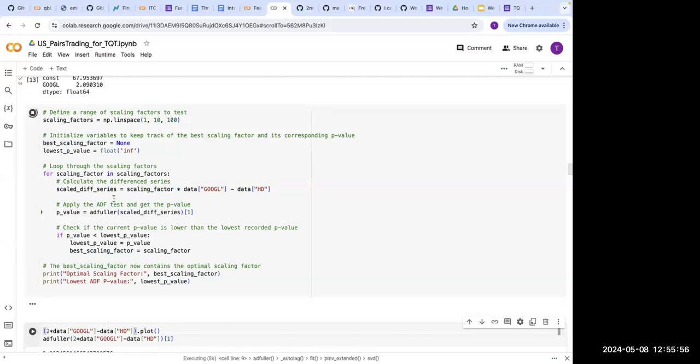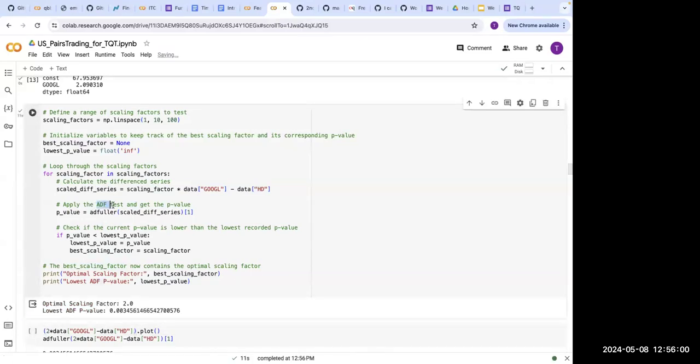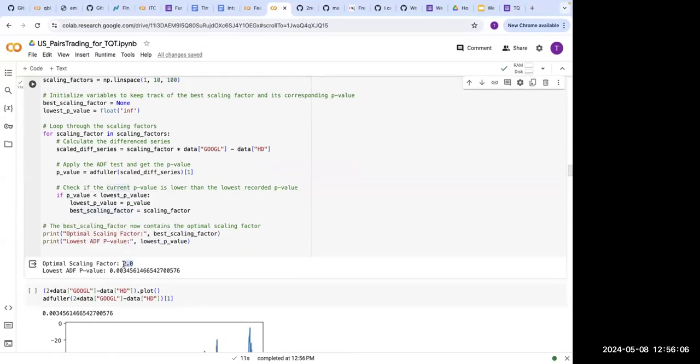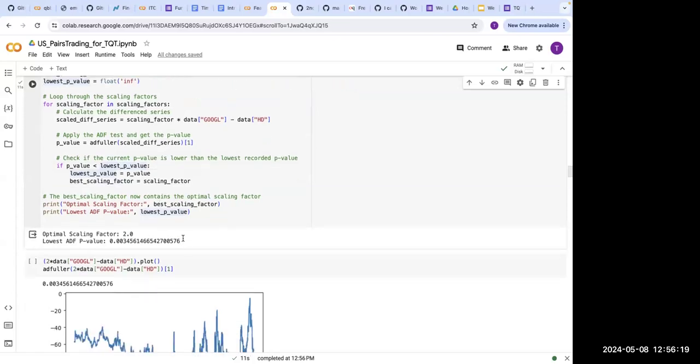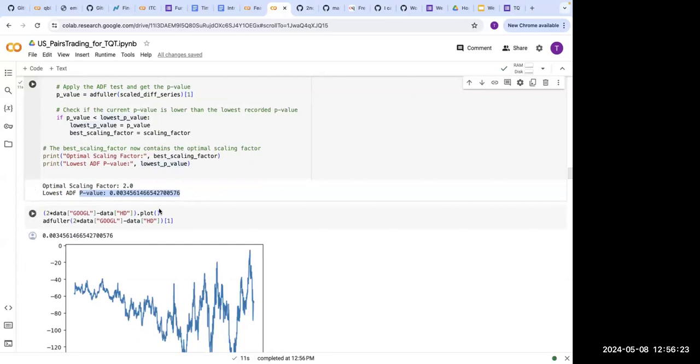So try to read about the Adfuller test. I don't want to go into the math depth of it. It's a very simple thing. So you'll get a factor of 2 using the test we described. Basic math is just finding some slope, which is the increase in spread. And we also find the lowest p-value using this.